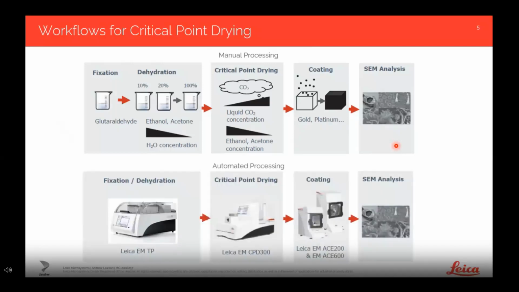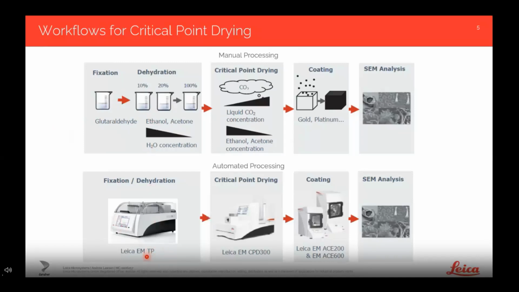We can achieve these processes via a more manual approach or a more automated approach. And when I say manual versus automated, I'm primarily talking about the first few steps, the chemical work. We can either do this by hand in a fume hood, manually exchanging our samples through these different solutions, or you can use a more automated tissue processing machine.